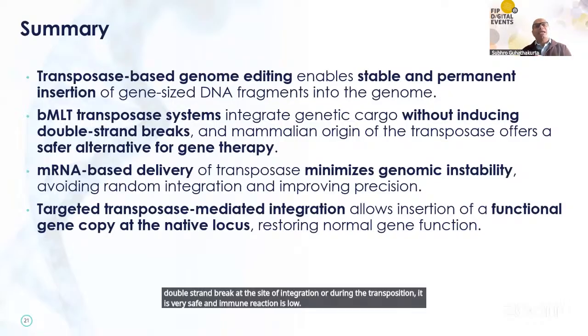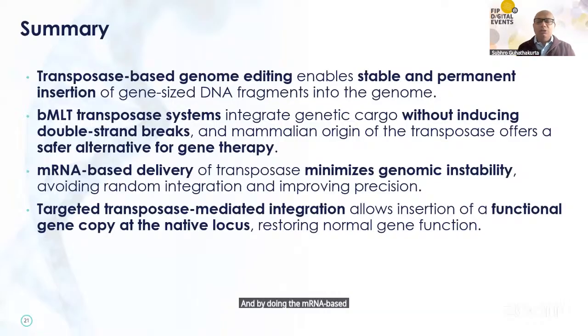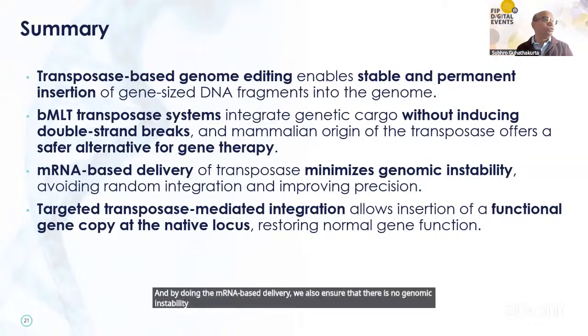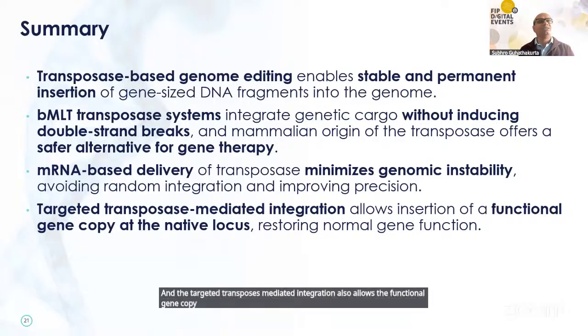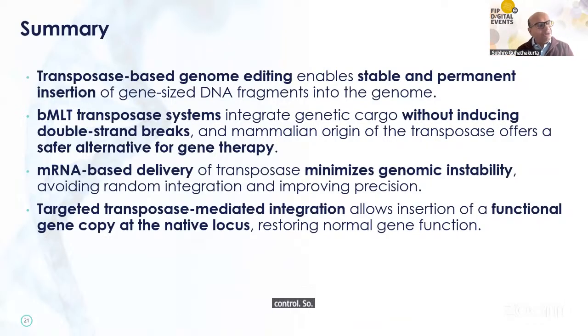By doing mRNA-based delivery, we also ensure that there is no genomic instability because the transposase does not get integrated into the genome. And targeted integration also allows the functional gene copy at the native locus under the same epigenetic control. So there are a lot of advantages of transposase-based genome editing.